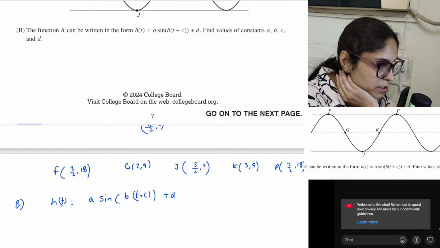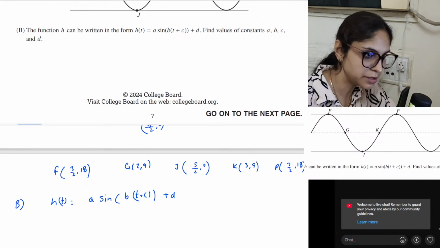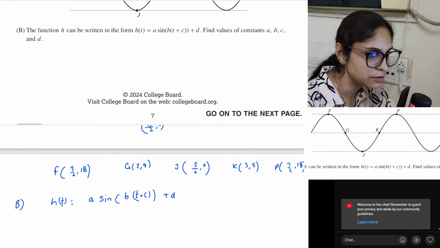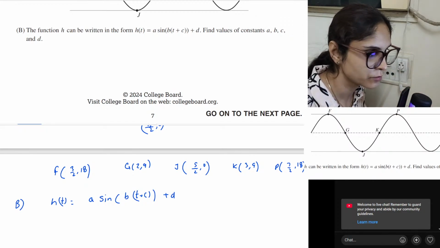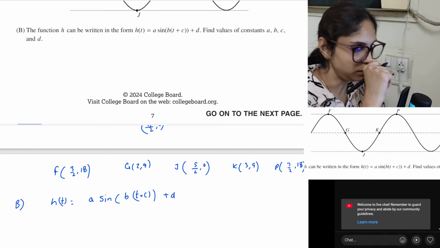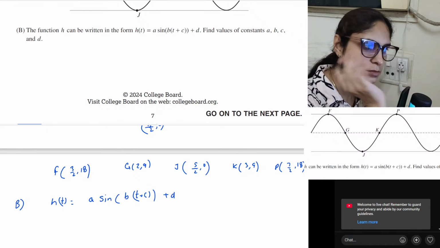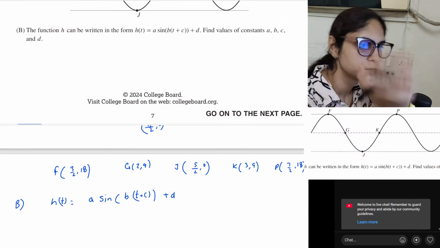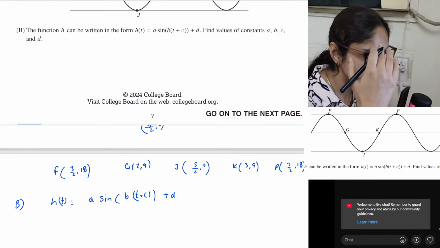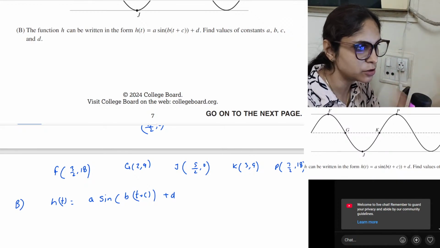So over here, we can see the amplitude is 9, correct? So if amplitude is 9, the value of A can be 9 or negative 9.